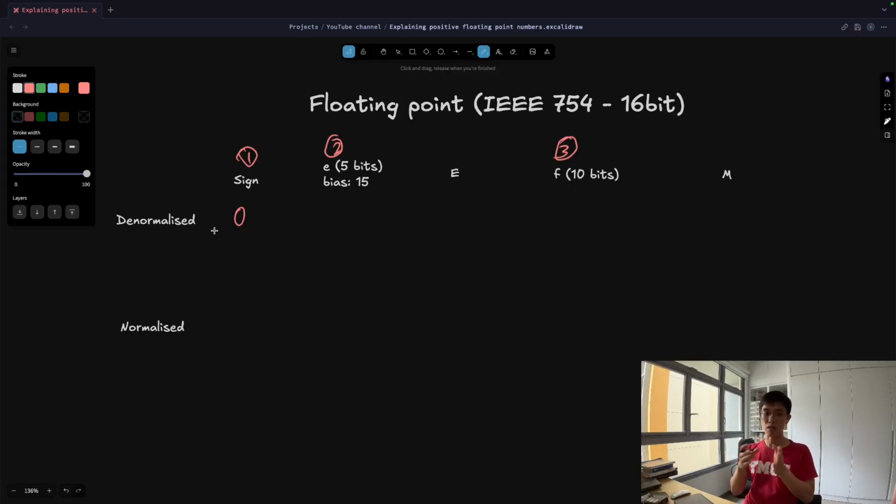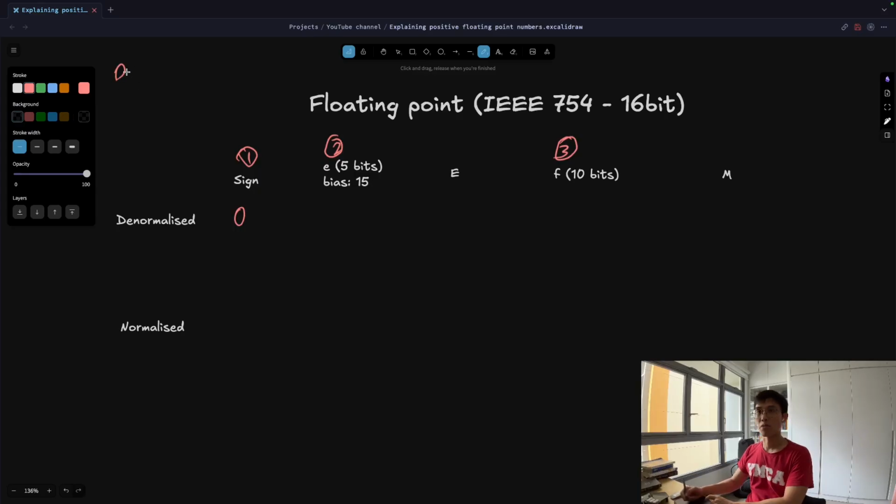If we start from zero and we increase the numbers, denormalized are the closest to zero, then past a certain point, they become normalized numbers. So the sign bit, the first bit, is zero.